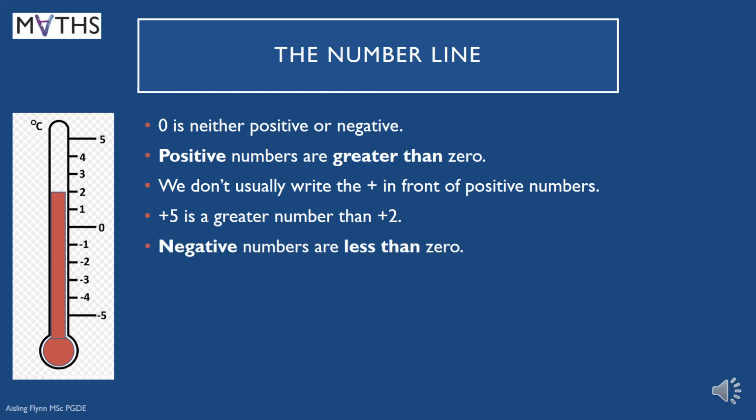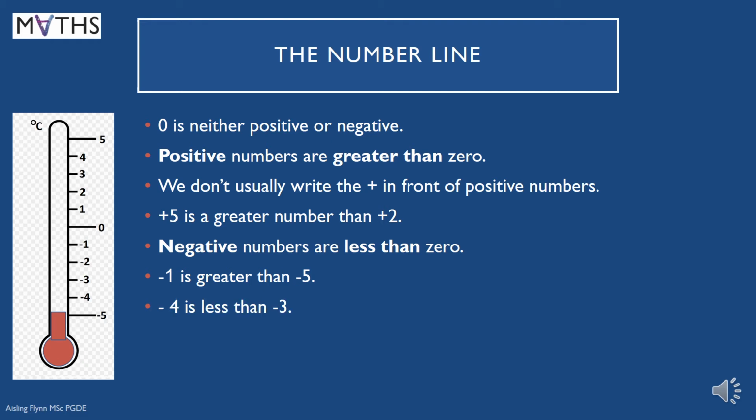Negative numbers are less than or smaller than or lower than 0. Minus 1, we see here on the thermometer, is a greater number than minus 5. If we're talking about temperatures, minus 1 would be warmer. It's a higher temperature than minus 5.